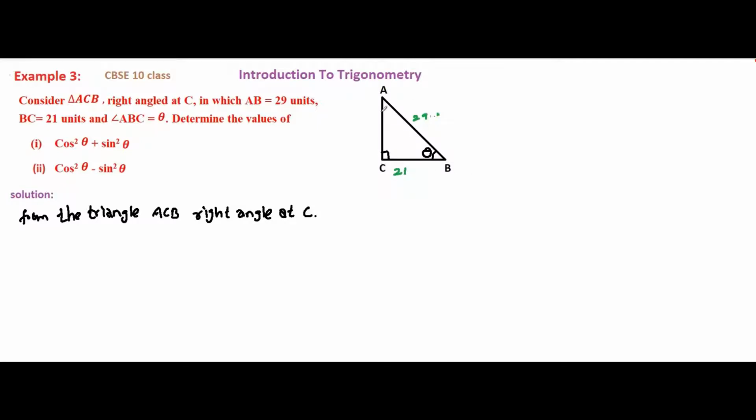So from this we have AB value 29 units and BC value 21 units. From this we can find the AC value.